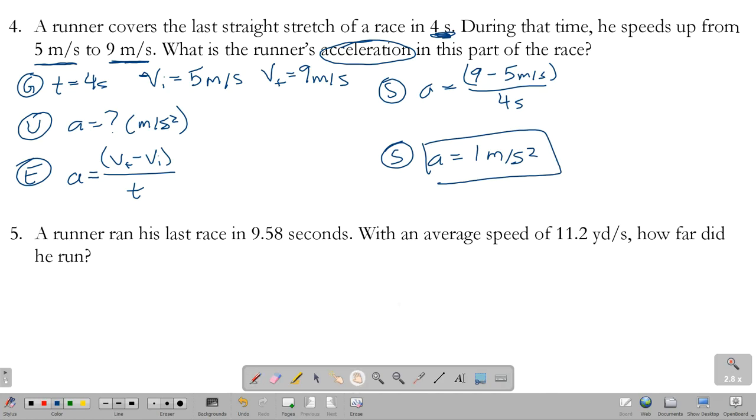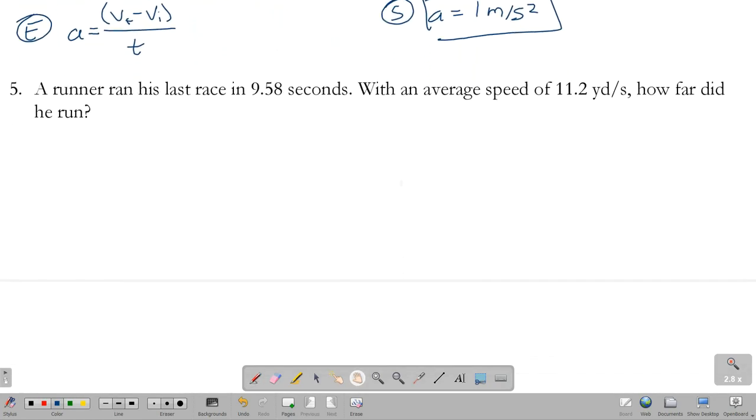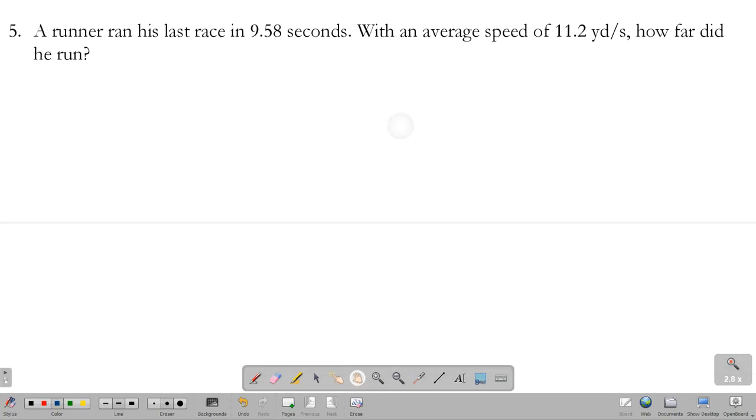Alright, let's move on to our last question here. Number 5. A runner ran his last race in 9.58 seconds with an average speed of 11.2 yards per second. How far did he run?